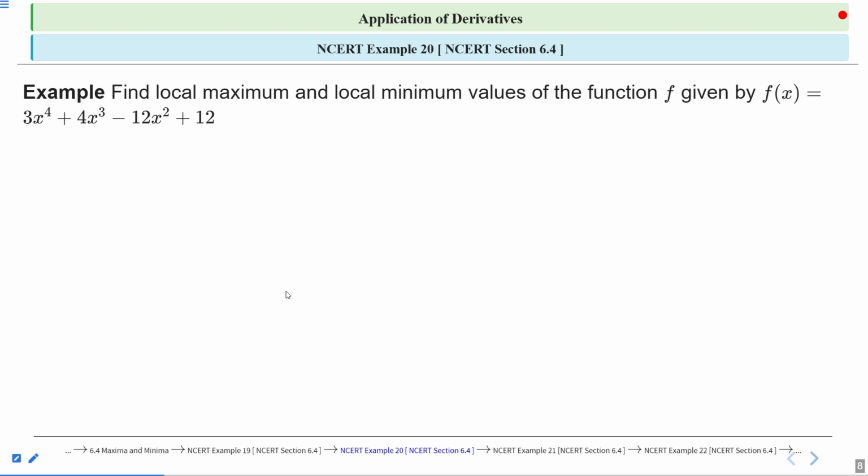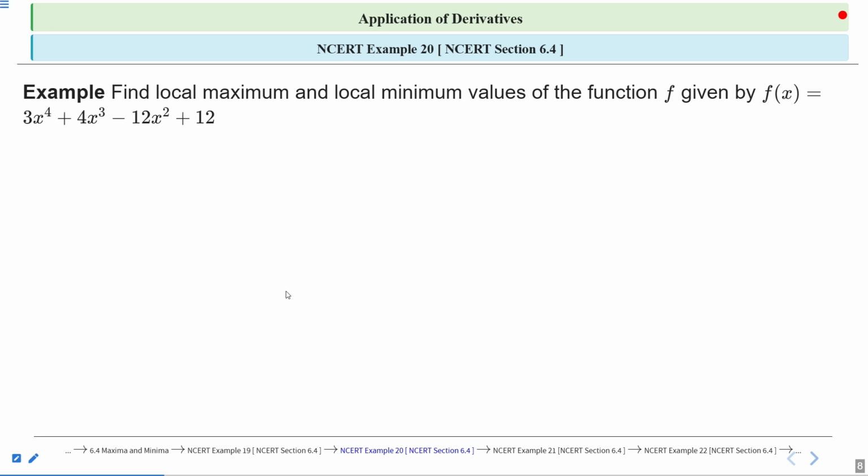At each critical point, we will find f''(x). If at a critical point f''(x) is less than 0, then that point will be a local maxima of the given function. And if at a critical point f''(x) is greater than 0, that point will be a local minima of the given function.